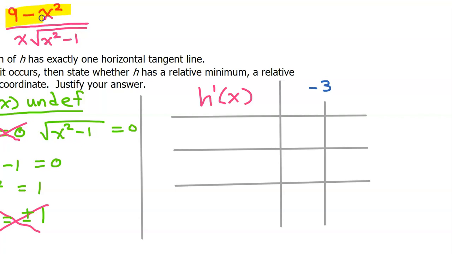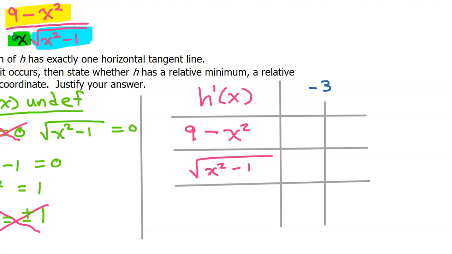I have this one factor in the numerator, 9 minus x squared. But then in the denominator, I have 2 factors. I have the square root of x squared minus 1, and then this extra little factor of x, which gets its own row all to itself.